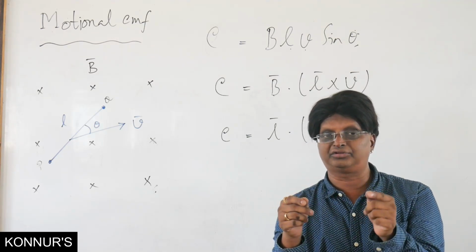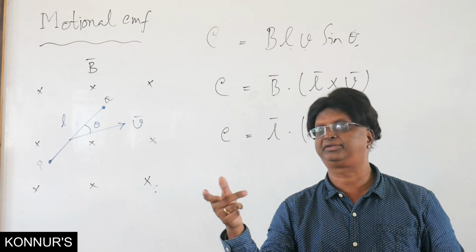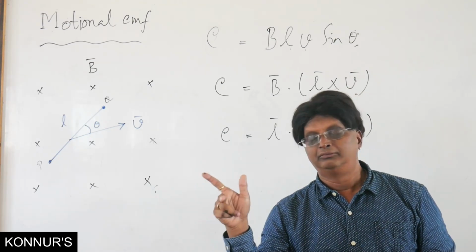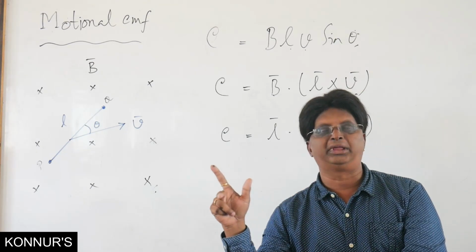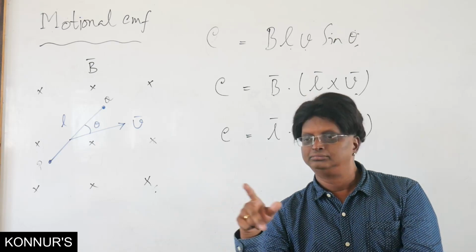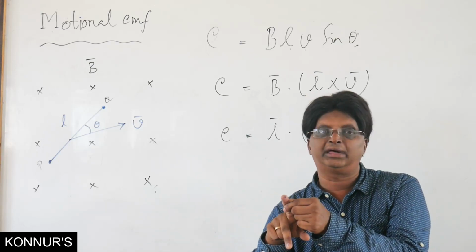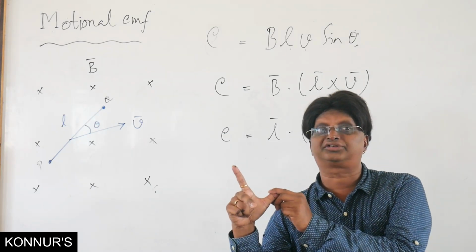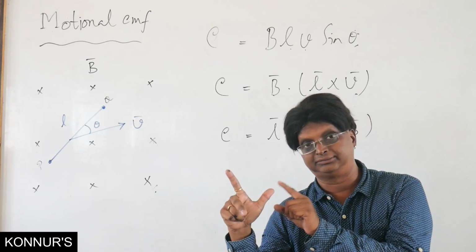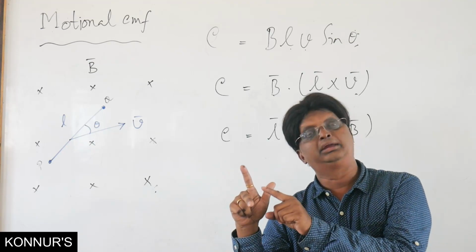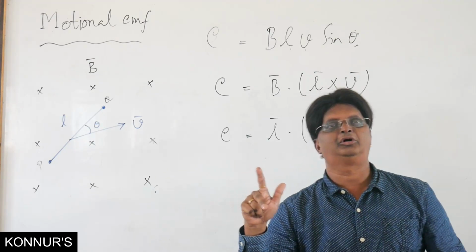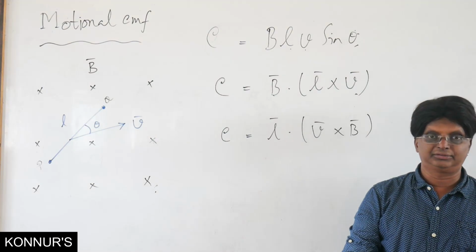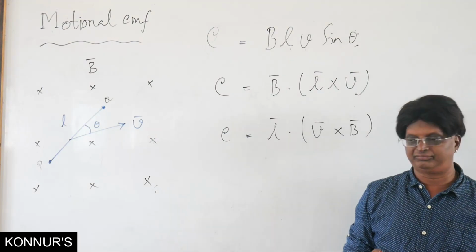But to find the direction of induced current, this is the rule. Again, three fingers placed perpendicular to one another. The index finger shows the direction of magnetic field, and the thumb shows the direction of motion, that is velocity. Then the central finger shows the direction of induced current.